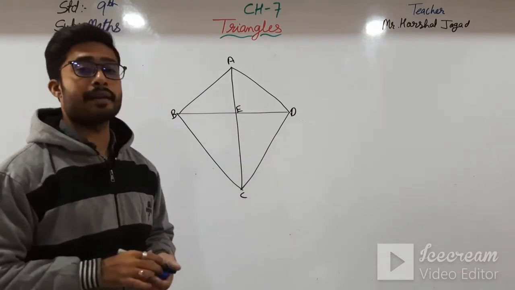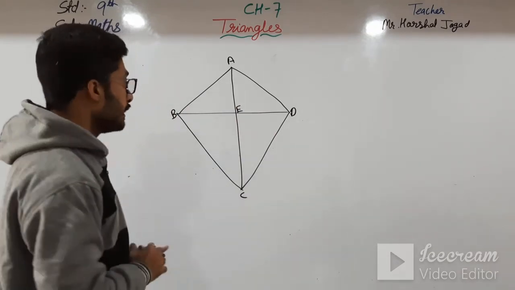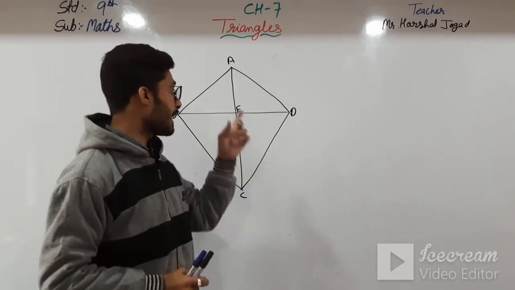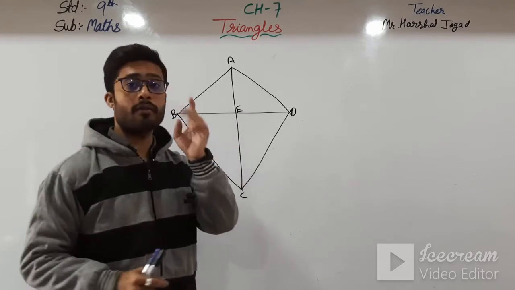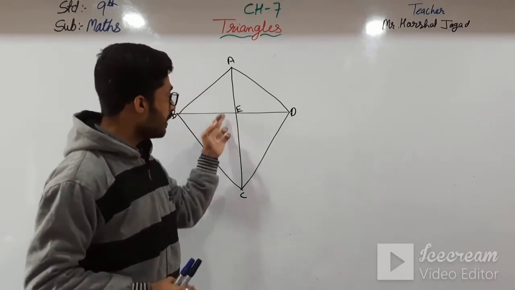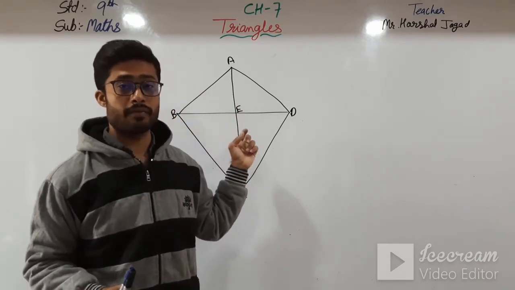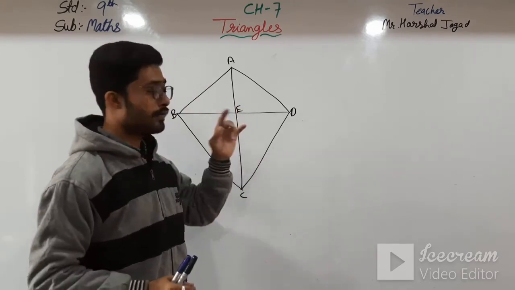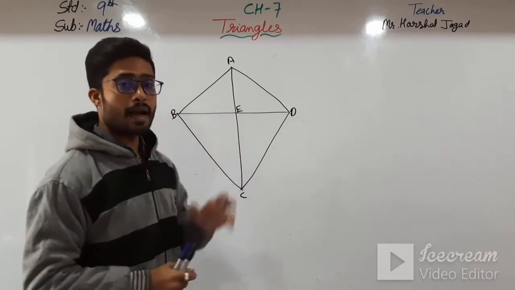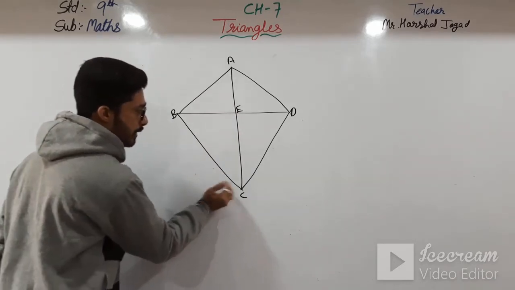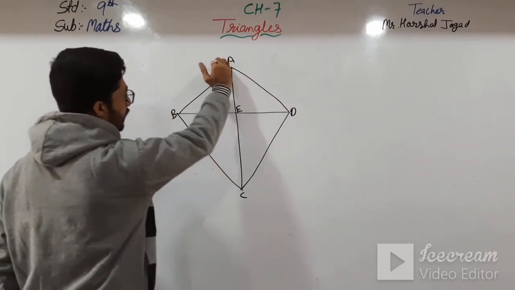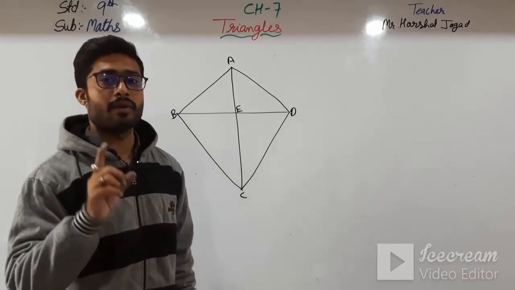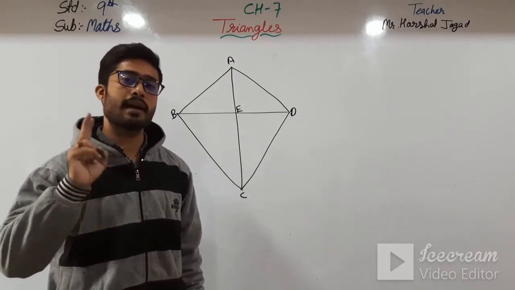Then they are telling us that RHS means right angle. You can see these four are right angles only, because it is the bisector, so it is 90 degrees. All four angles are 90 degrees. H means hypotenuse: this is a hypotenuse, this is a hypotenuse, and this is a hypotenuse. And RHS means one side and the hypotenuse are equal.